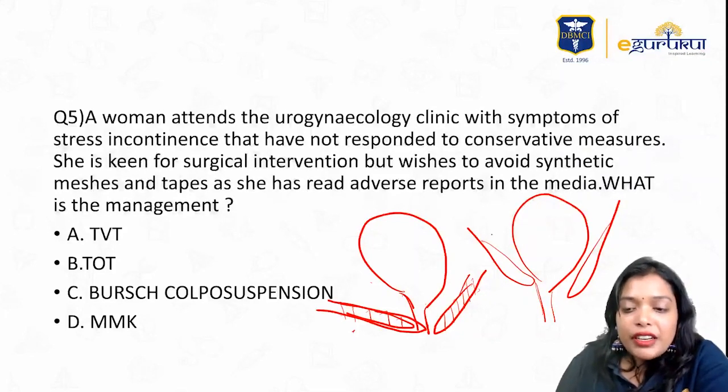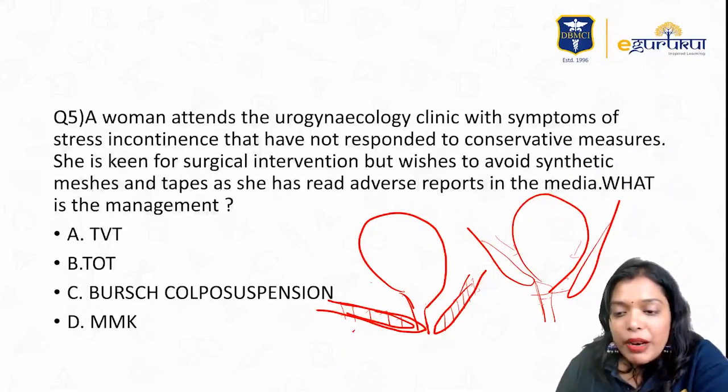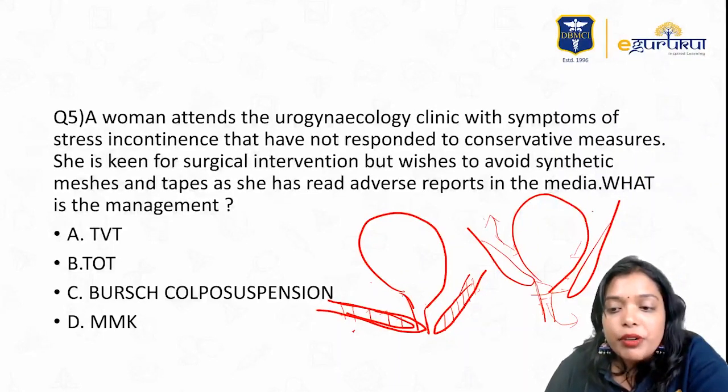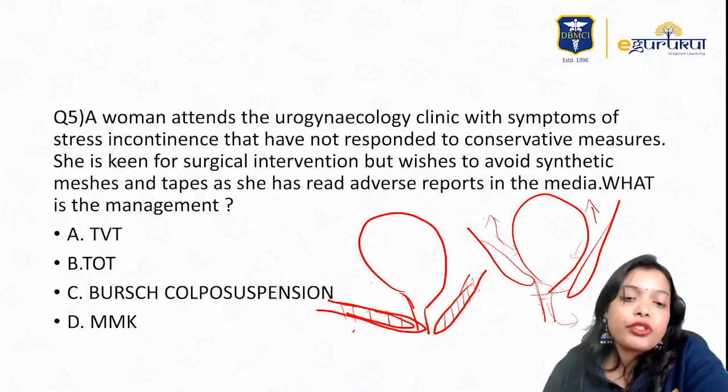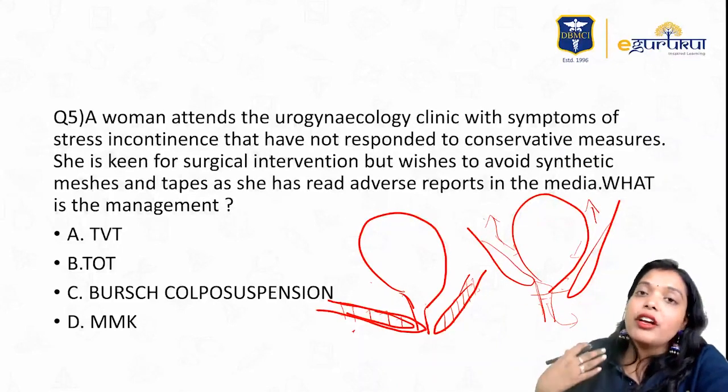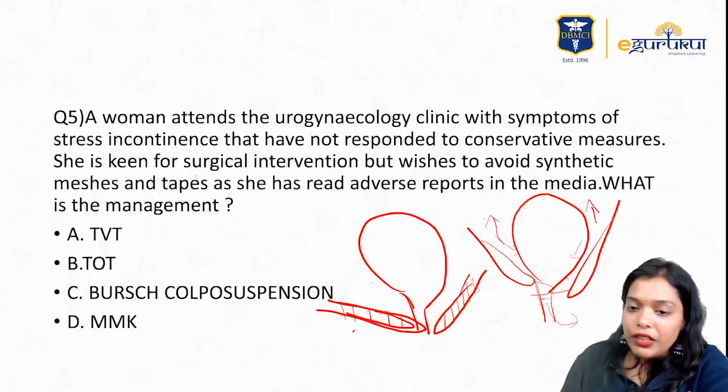That is why whenever there is a rise in intra-abdominal pressure, the urogenital diaphragm closes, but the urine which is present in the bladder neck and proximal urethra still comes out, right? So what you should do is pull the bladder neck and proximal urethra above the urogenital diaphragm, right?